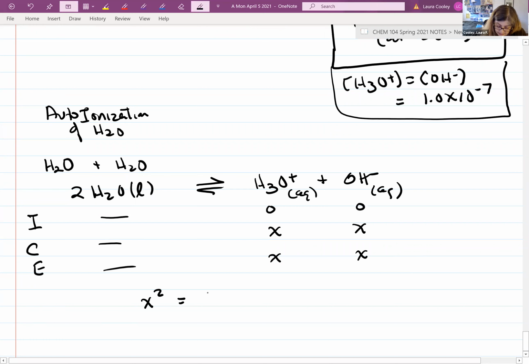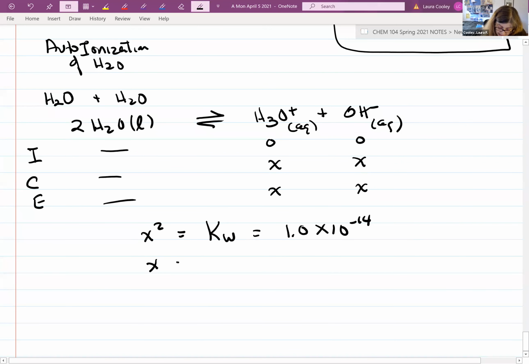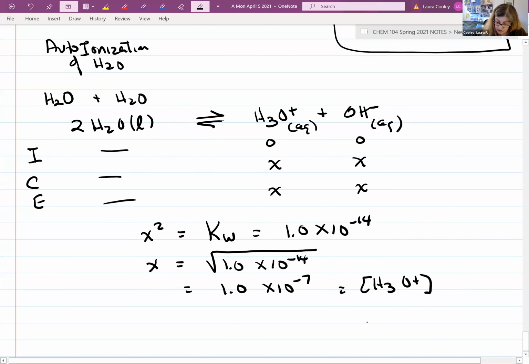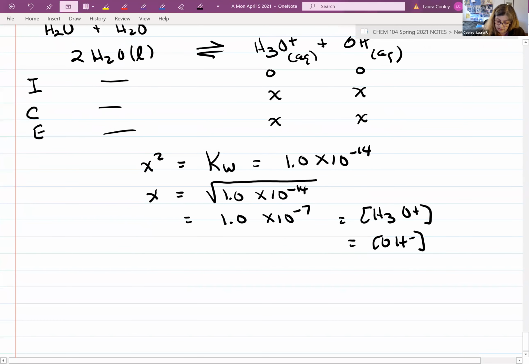X squared is the Kw, because that's the equilibrium constant for this reaction, which is 1 times 10 to the negative 14th. So X is the square root of 1 times 10 to the negative 14th, which is 1 times 10 to the negative 7th, which is the H3O plus concentration, but it's also the OH minus concentration. And the pH is the negative log of 1 times 10 to the negative 7th, which is 7.